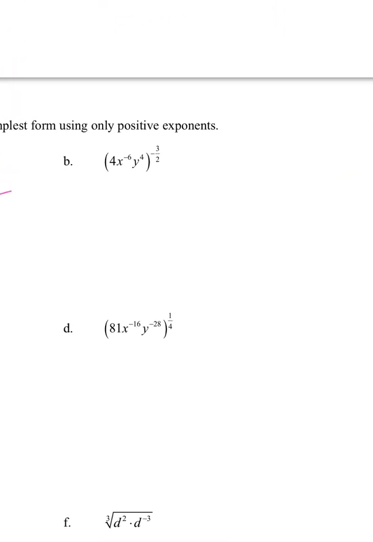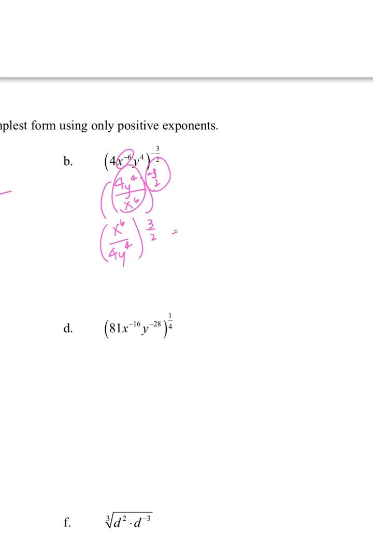I'm going to do this similarly. I'm going to take care of this negative exponent first. Okay, and then I'm actually going to deal with this a little differently than I have in the past. So I'm going to make this exponent positive by making the stuff that's inside change locations.